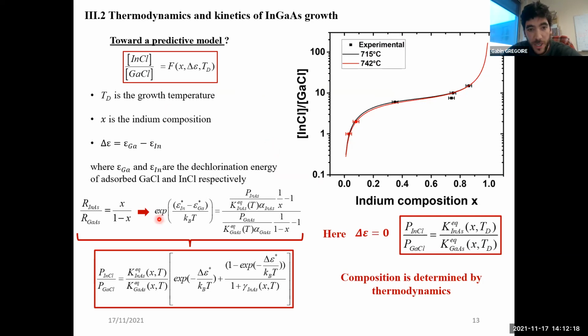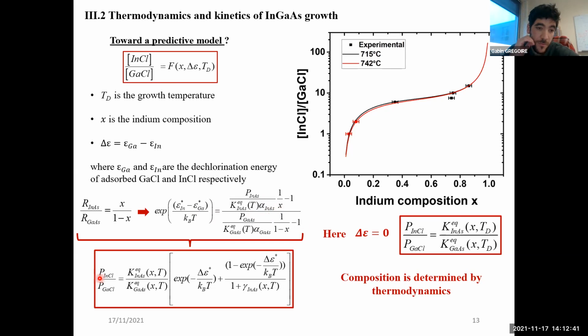So this gives us a relation between the deformation energy of gallium chloride and indium chloride with the vapor phase composition, the equilibrium constant of each binary, also the interaction parameter in the ternary material, and the composition of the solid.